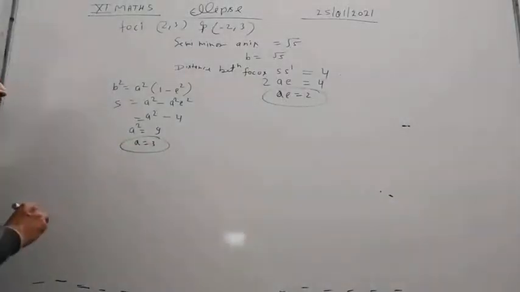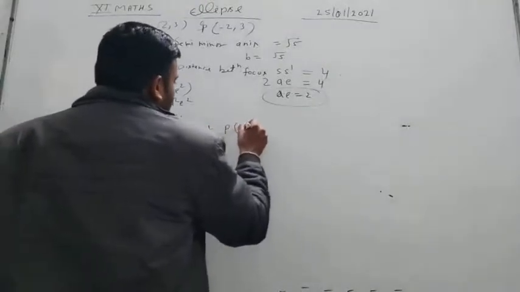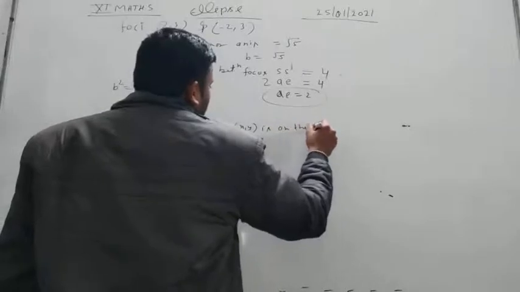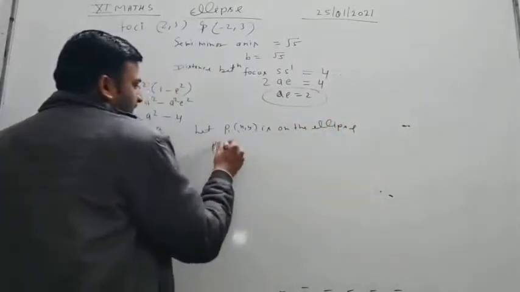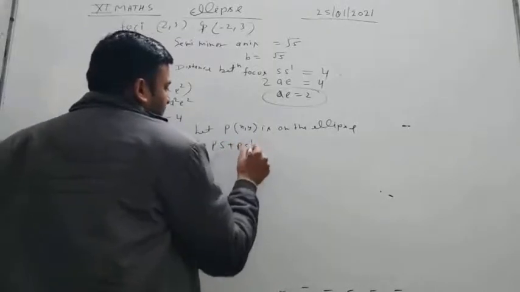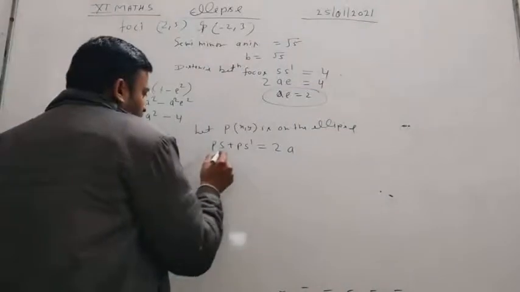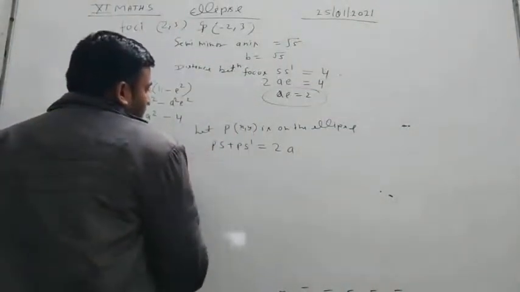Now let the point P(x, y) be on the ellipse, then you know that PS plus PS dash is equal to 2A. So the distance between this point and each focus will be PS.